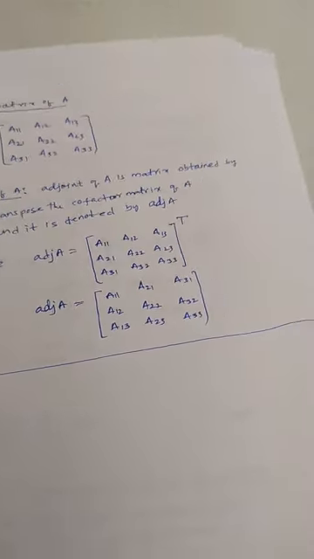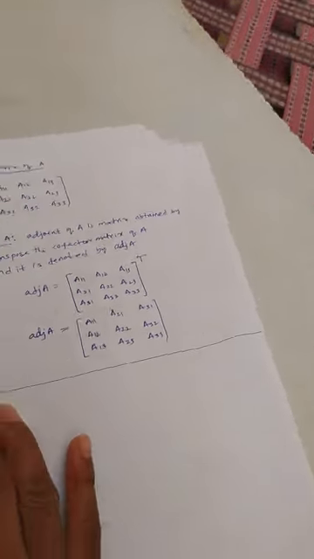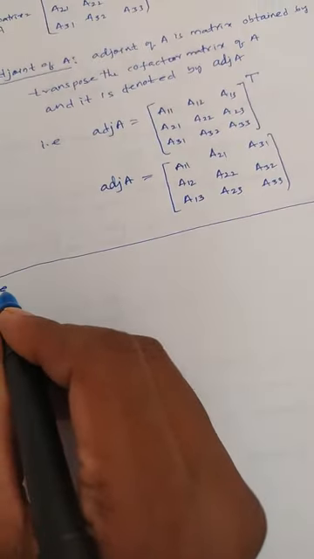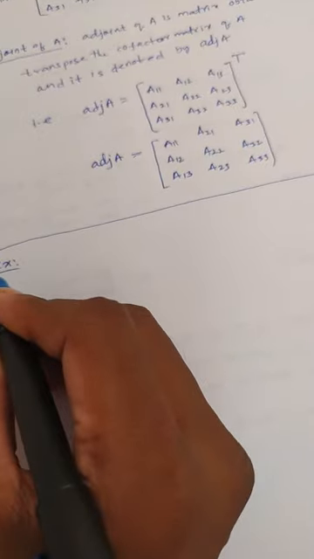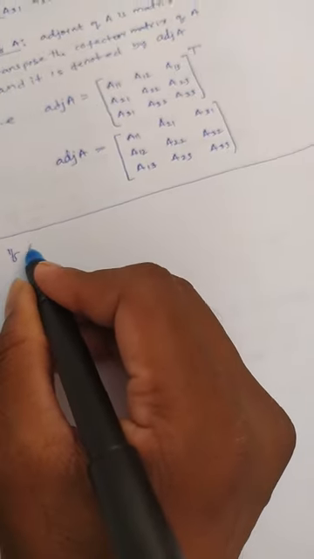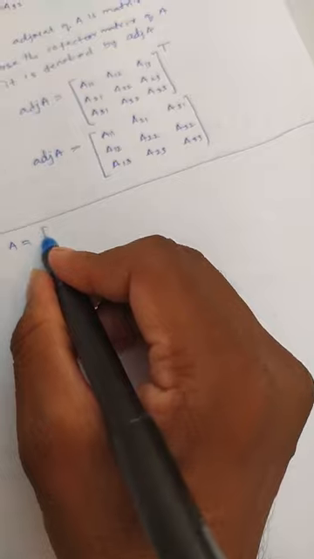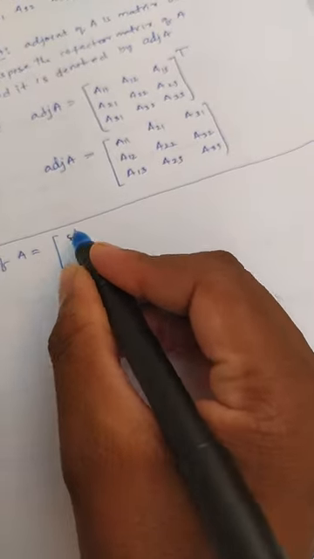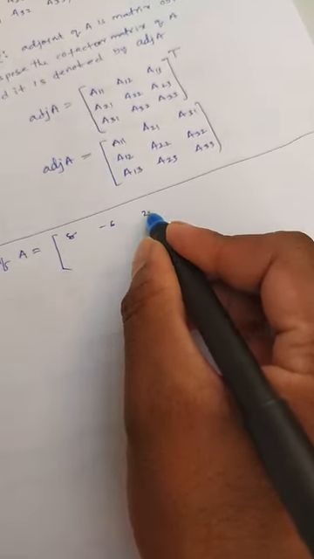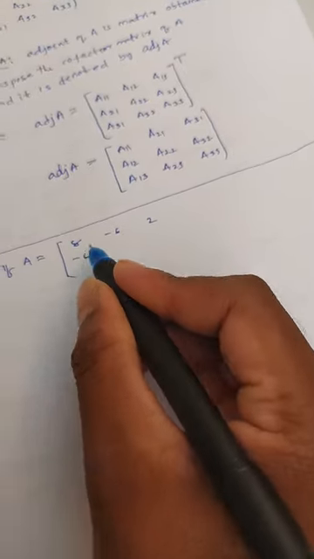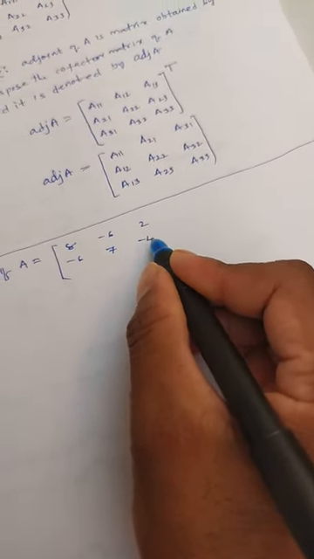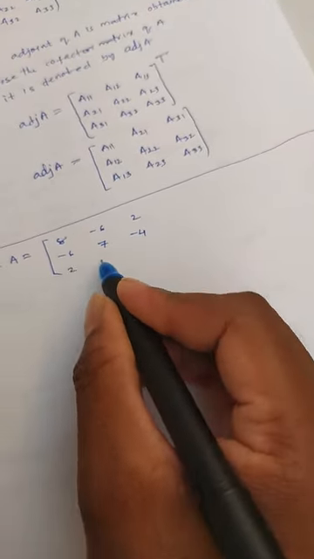Okay, let us do one problem on this adjoint A. I'm going to start with one example problem. If capital A is the matrix with rows 8, minus 6, 2; minus 6, 7, minus 4; 2, minus 4, 3, this is the given square matrix.